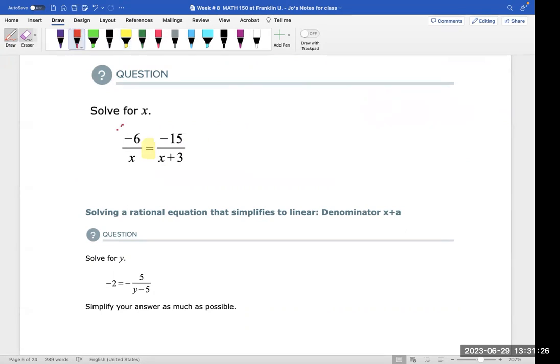Find your equal sign. Do whatever you want to both sides to get rid of the denominator.